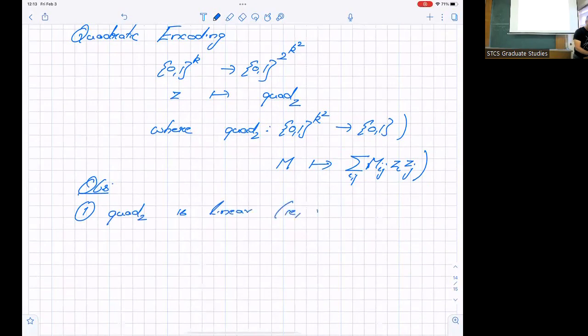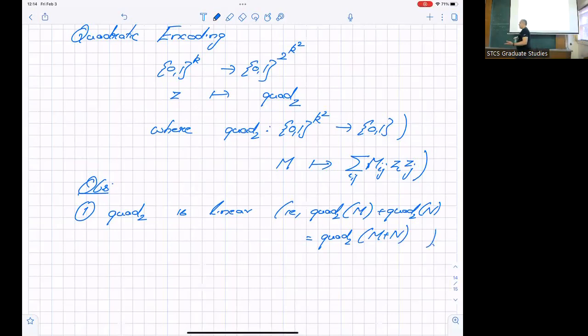That is, quad Z of m plus quad Z of n, if I give it two matrices, by just the way I defined it, is quad Z of m plus n. Therefore, I can check that quad Z is in fact a linear function by just doing a linearity test on it. But that's not sufficient for us. We need to check that not only is it a linear function, it's the linear function given by the Zi Zj transpose.